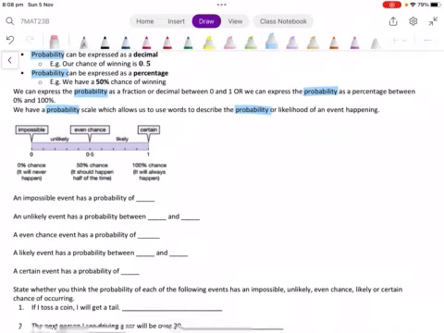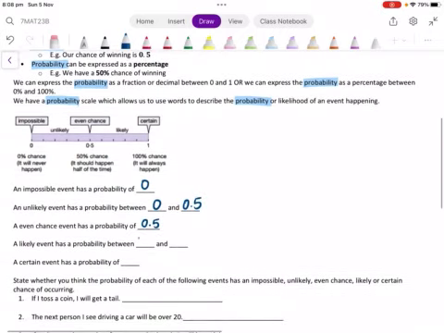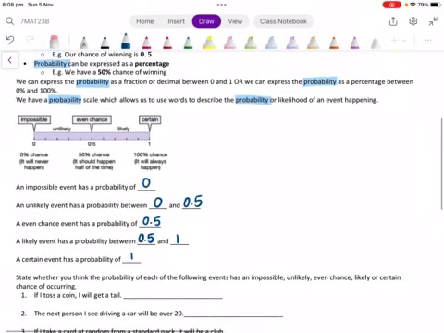So an impossible event has the probability of 0. An unlikely event has the probability between 0 and 0.5. An even chance event has the probability of 0.5. A likely event has a probability between 0.5 and 1, and a certain event has a probability of 1.